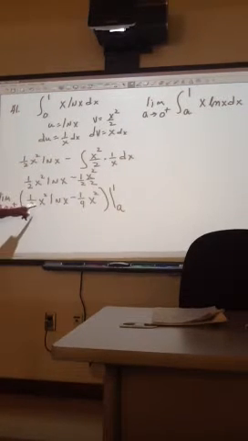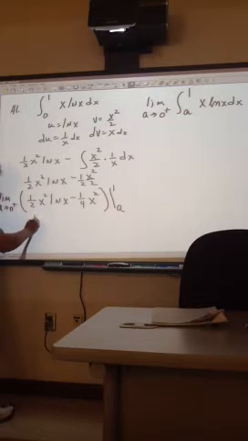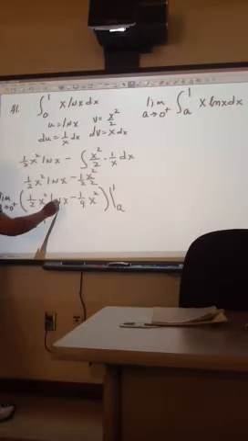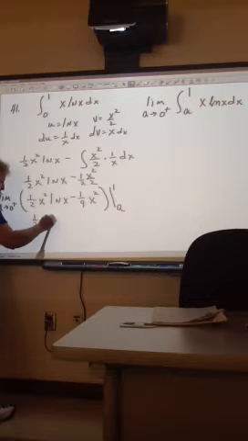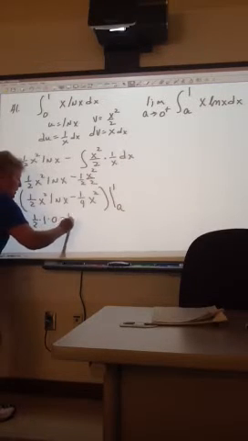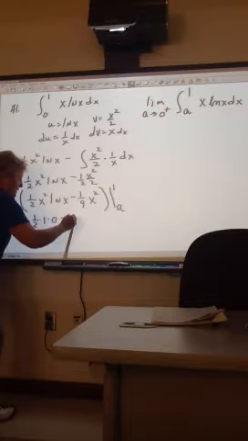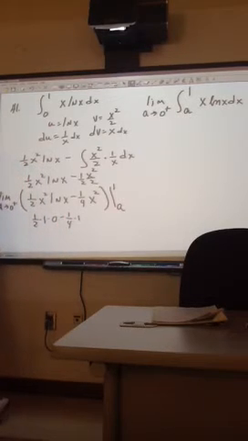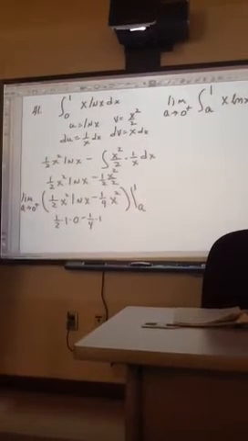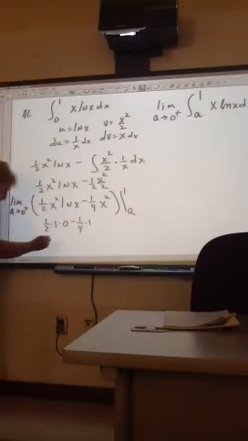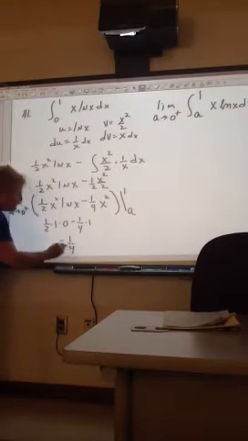We'll plug in the 1, so we get 1/2 times 1 times ln of 1, which is 0, minus 1/4 times 1 squared. So that totaled out to a negative 1/4.